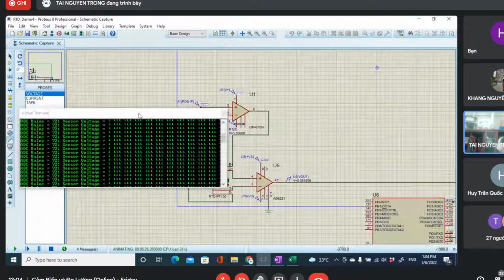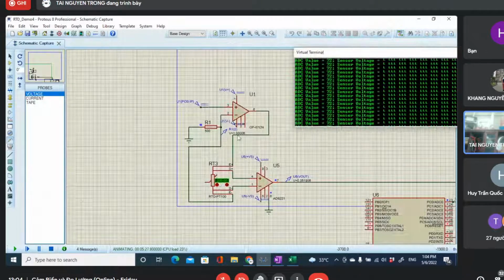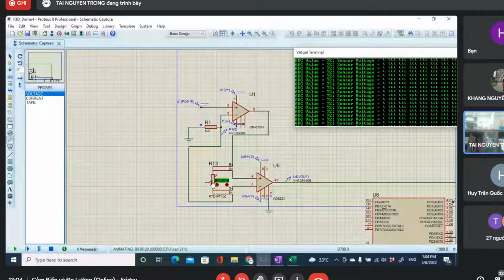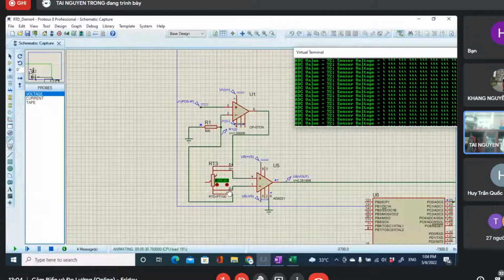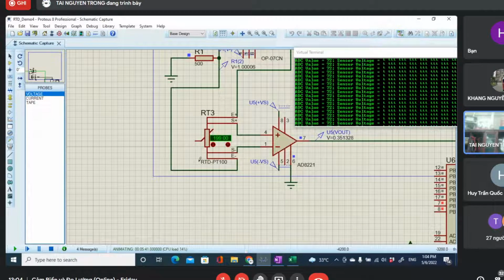Okay, in this case, the current or voltage, and as you can see, at 200 Celsius degree, the value of IDC is only 72. And when we increase the temperature, as we can see, the value is 190, 99, the same value.